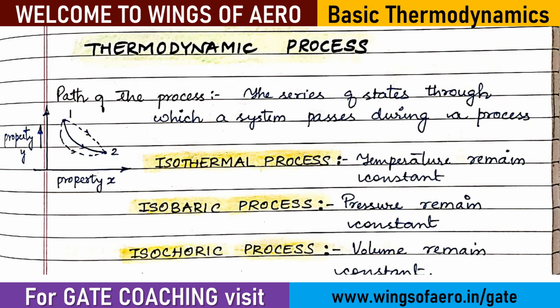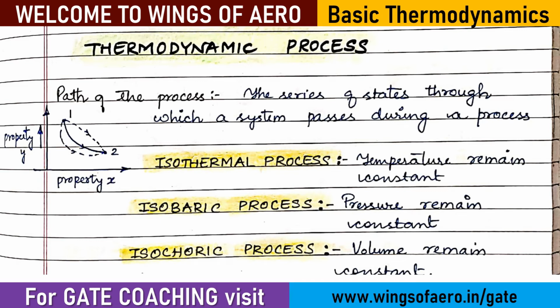Now first we'll see what are the thermodynamic processes. This is also very important because in future you will be studying gas dynamics, and in that thermodynamic cycles will be there. So you should know the isothermal process, isobaric process, isochoric process. Okay, then we have adiabatic process, isentropic process.